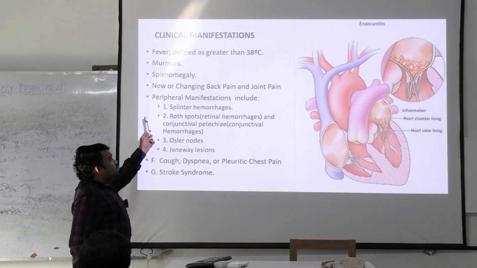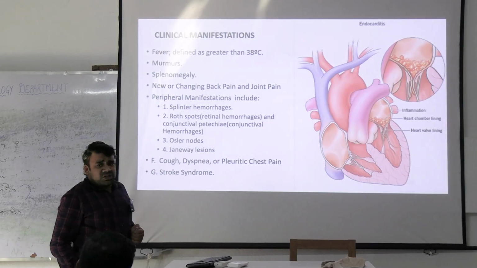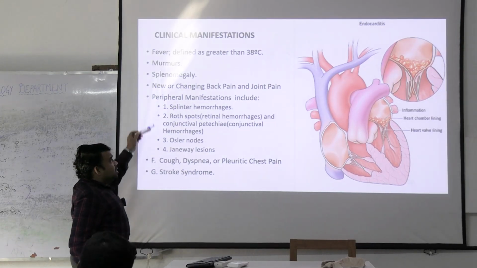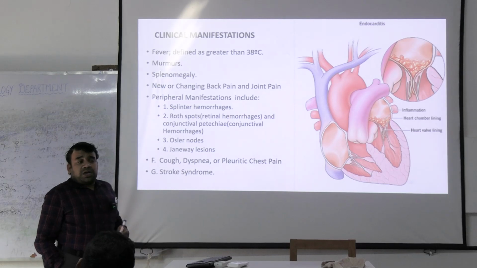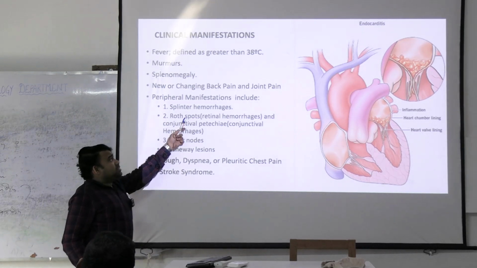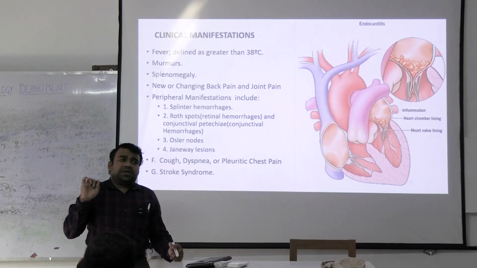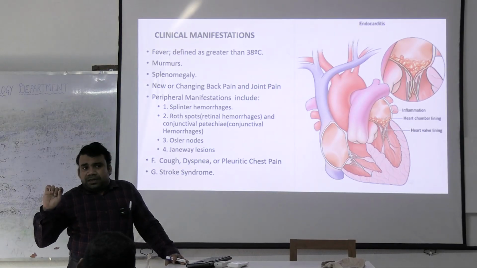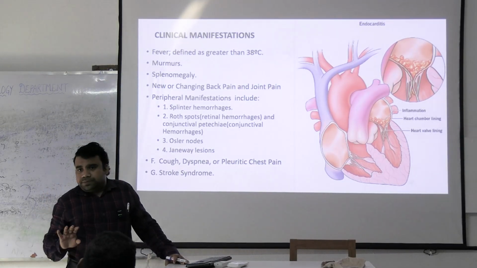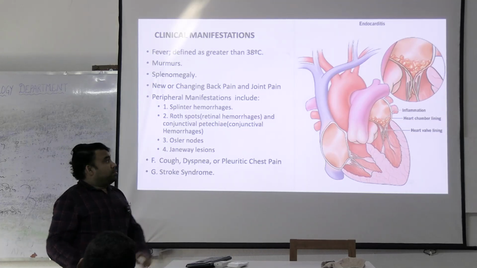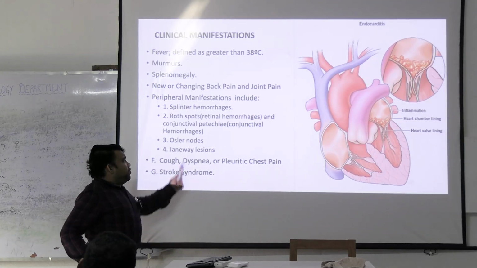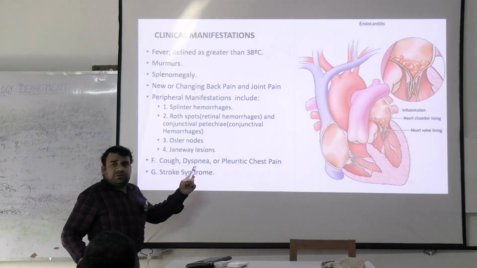Other things can be seen, like new or changing murmurs, and back and joint pains, and these are the peripheral manifestations. Now, when you look at the peripheral manifestations, first are splinter hemorrhages. Because these vegetations may dislodge from the heart and reach anywhere in the body, it may form Osler's nodes and Janeway lesions.